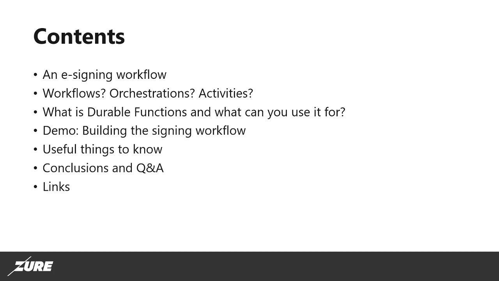Then we'll look at durable functions, what it is, what you can use it for, and all the things that you should know. Then we're going to the demo, where we're going to build this workflow using durable functions. And after the demo, we'll look at some more useful, perhaps a little bit more advanced things as well. Then we'll have some conclusions and also a dedicated time for some Q&A.